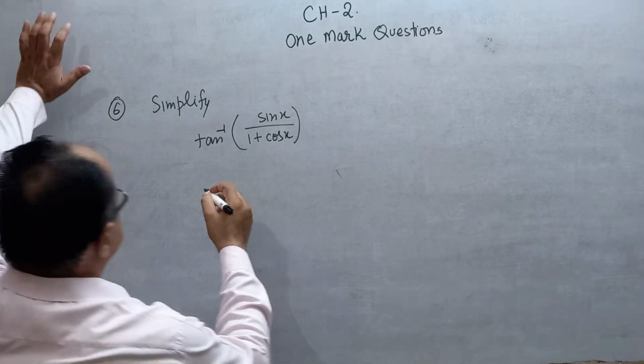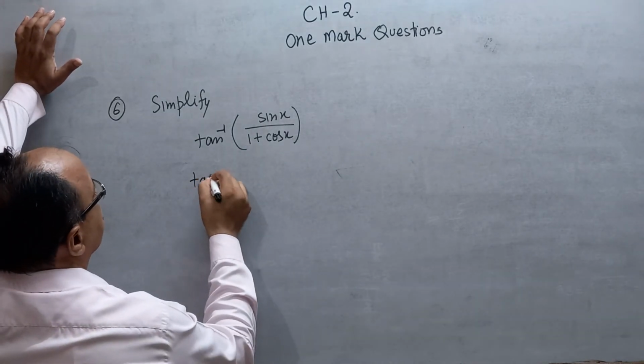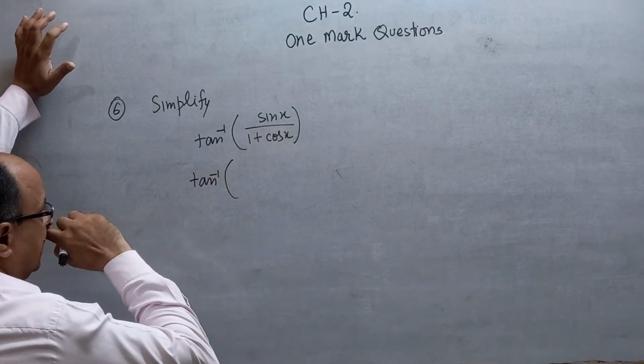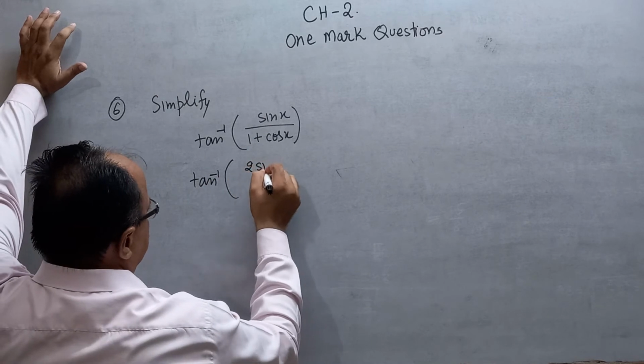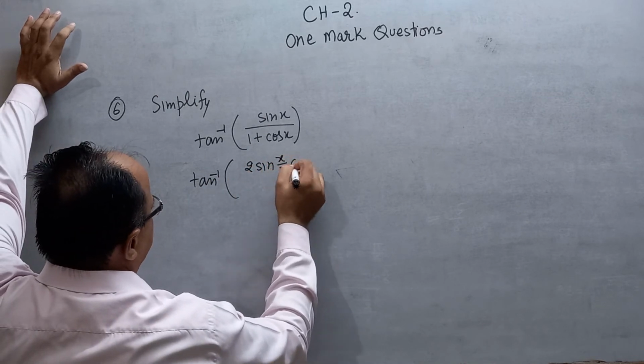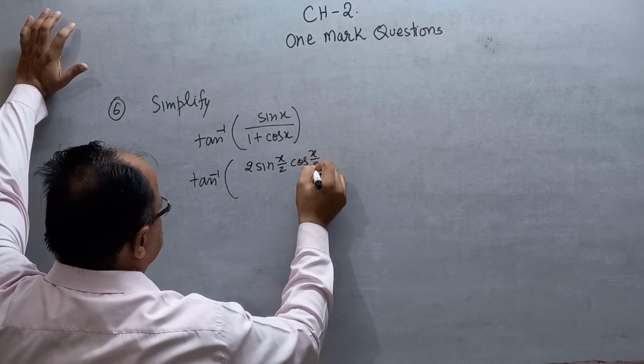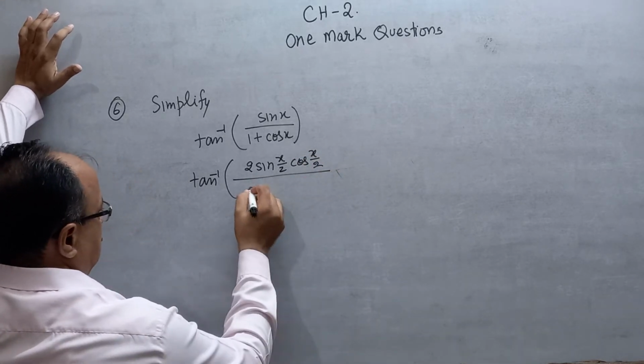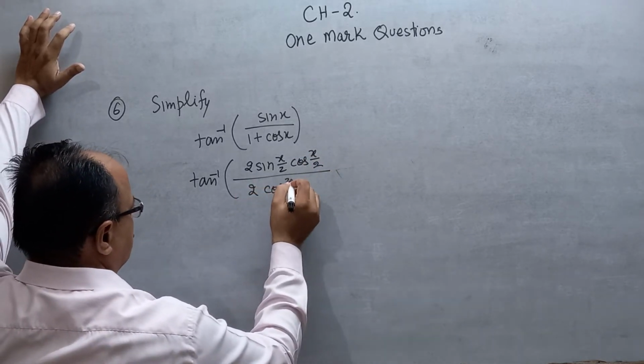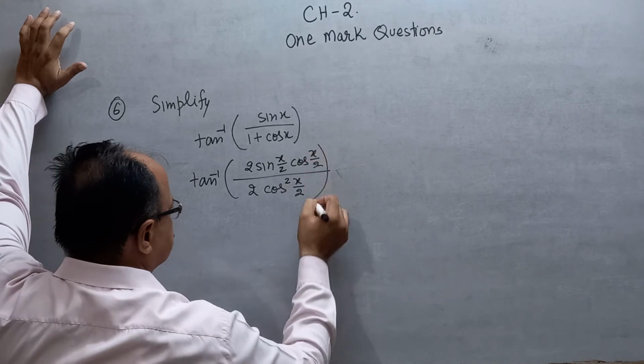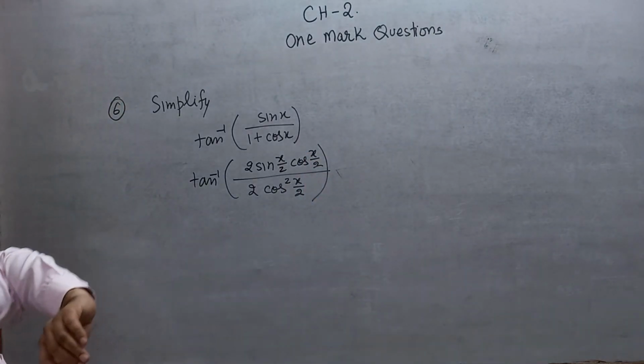You know very well, in tan inverse, sin x is 2 sin x by 2 cos x by 2, upon 1 plus cos x, which is 2 cos square x by 2.